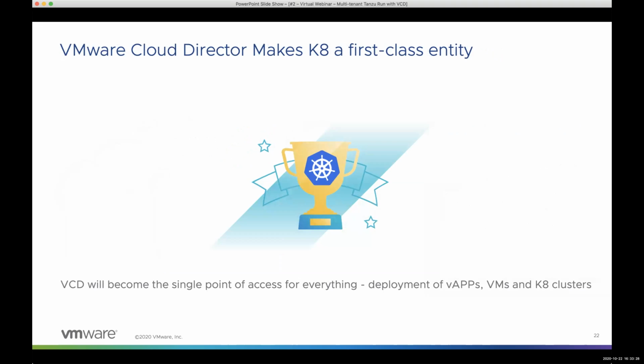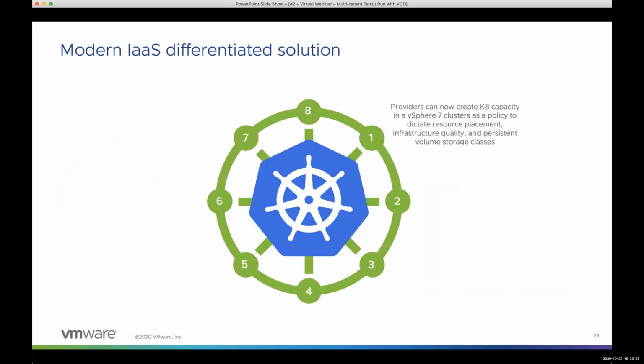Now, the core topic that we are talking about. Kubernetes has now become our first class entity in the VCD ecosystem. And we'll give you a demo of this. Number one, providers can now create Kubernetes capacity in a vSphere 7 cluster as a policy to dictate the resource placement, infrastructure quality, and persistent volume storage classes.